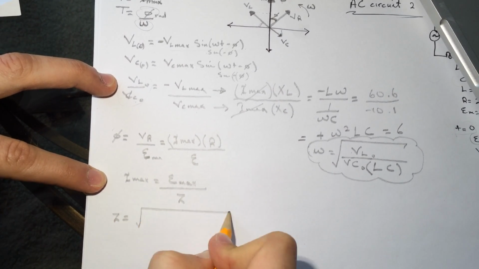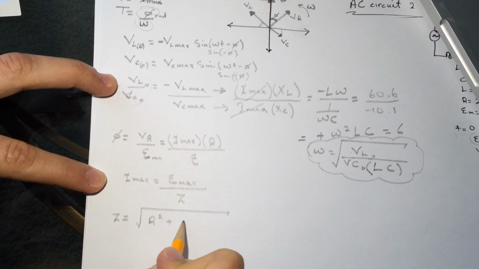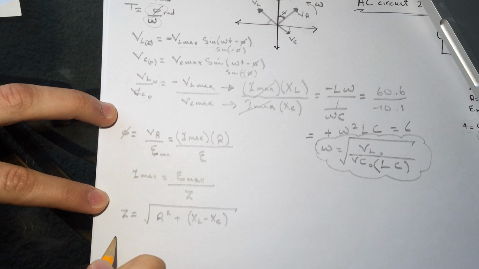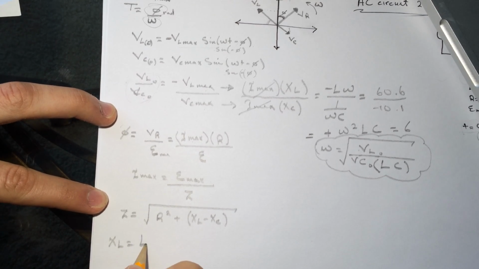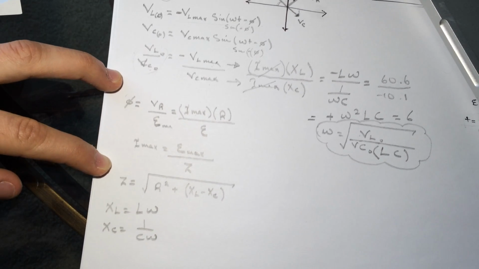Z is the square root of R squared plus (XL minus XC) squared. So we need to find now the XL, which is L omega, and the XC is 1 over C omega.